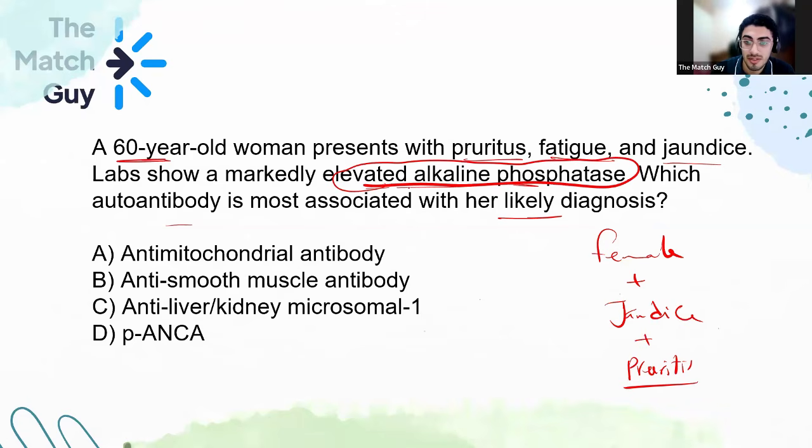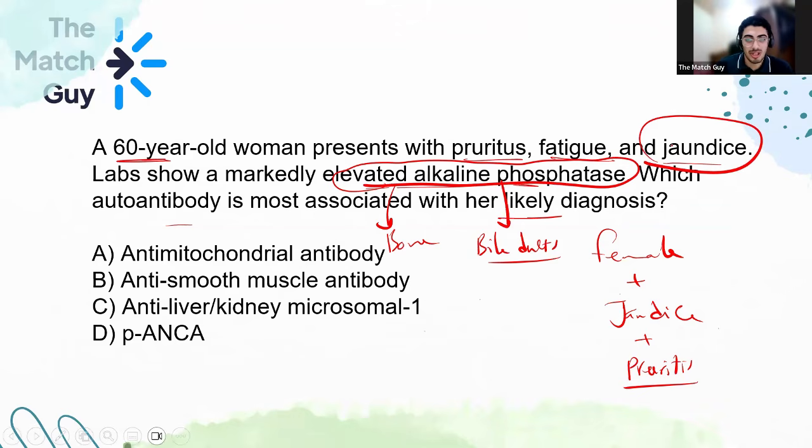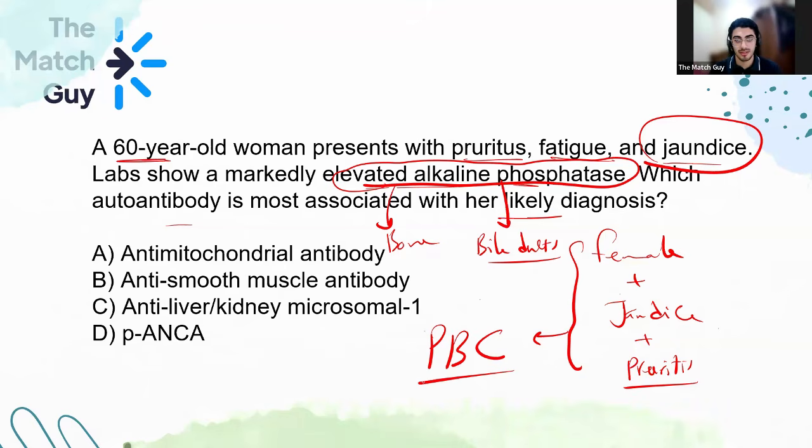By the way, elevated alkaline phosphatase means we have a pathology either in the bone or in the bile ducts. But if he's mentioning jaundice with it, obviously he's talking about the bile ducts, right? So this is a classic presentation of primary biliary cholangitis.